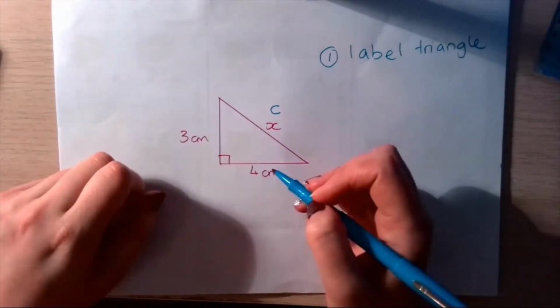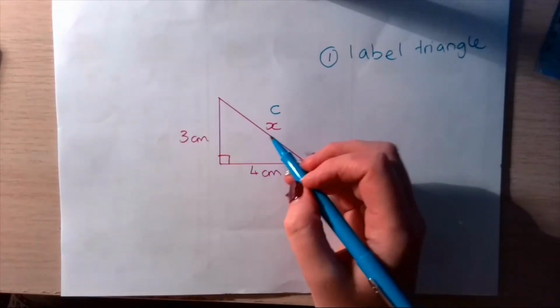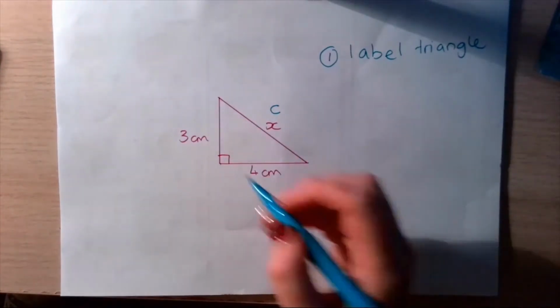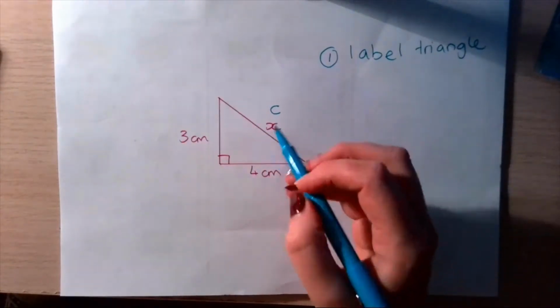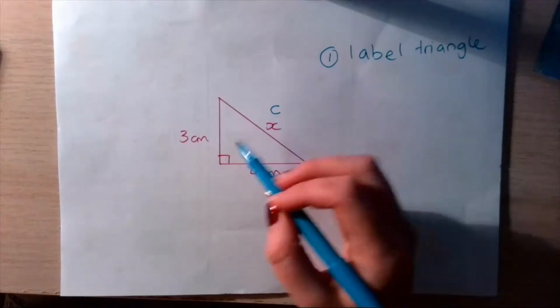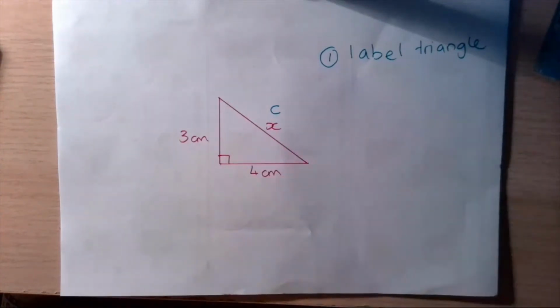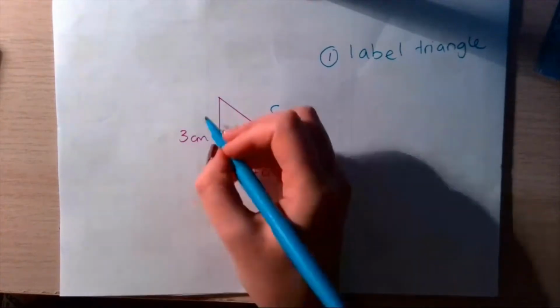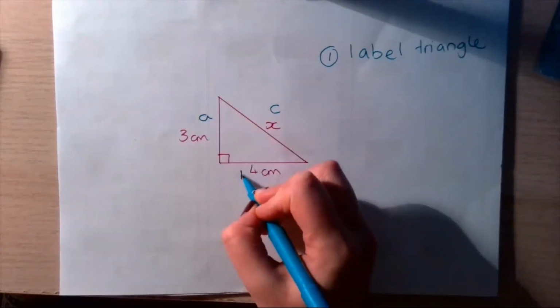But different people use different letters. It's just telling us that it's the unknown side. As long as you know that the longest side has got to be c for the purposes of your formula, then you're fine. So that's going to be c, and these, like I said before, can be a or b. I'm just going to do a and b like that.